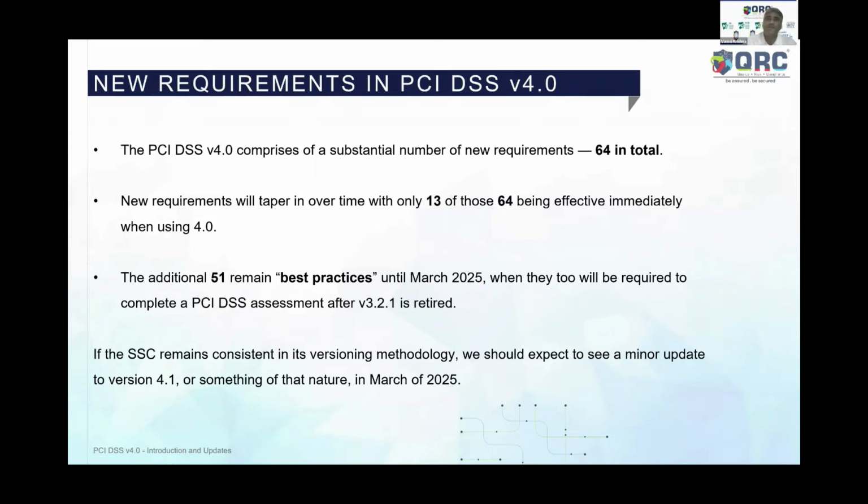The rest of the 51 requirements are very clearly mentioned in the 4.0 standard as best practices until March 2025. Once PCI DSS version 3.2.1 is retired, they become mandatory requirements. There may be some minor updates in 4.1, let us see.